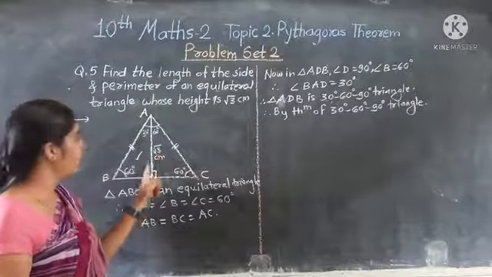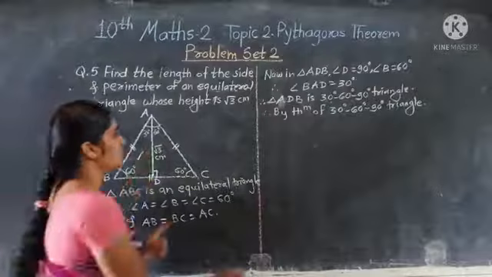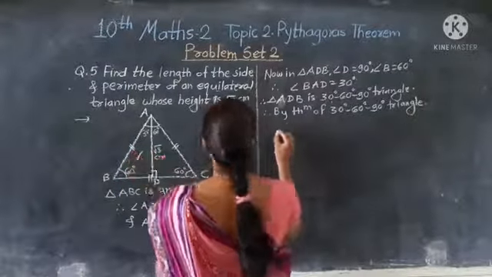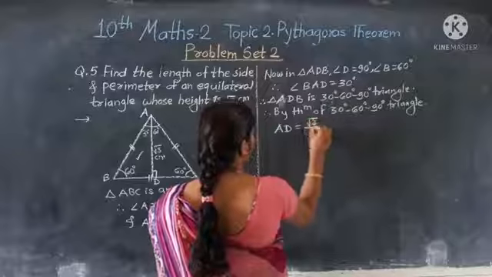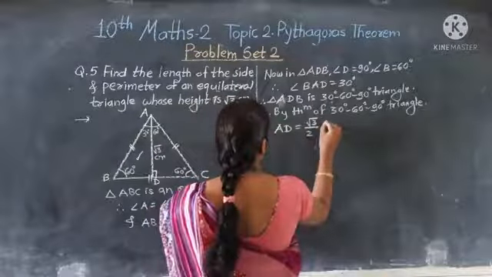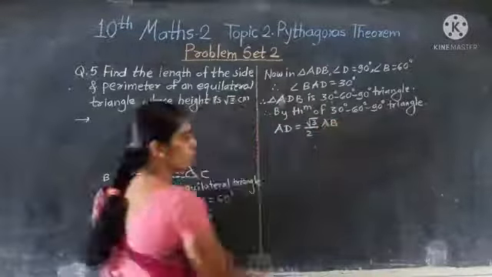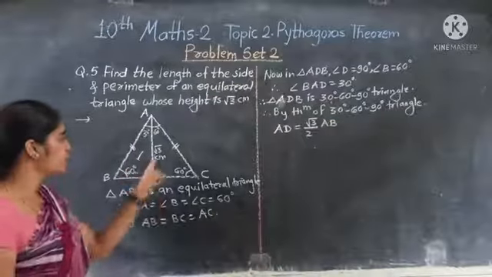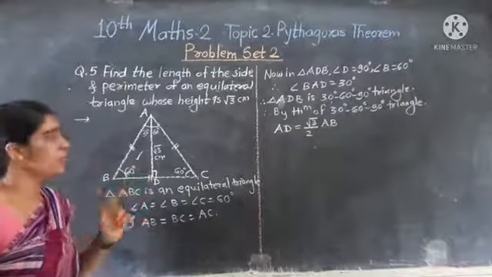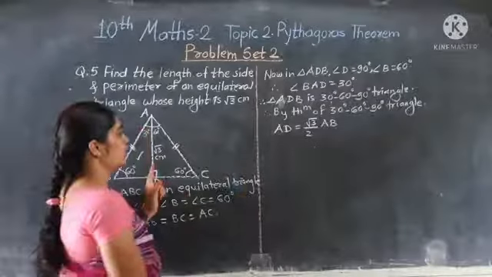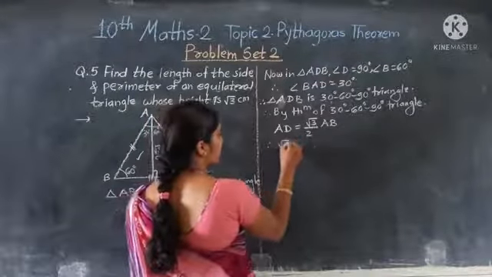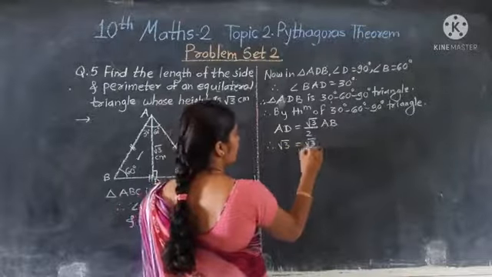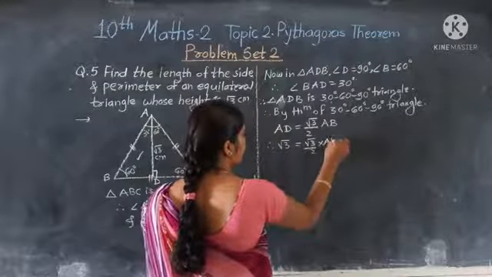Here we take AD. The side opposite to 60 degrees is AD. AD is equal to root 3 upon 2 into the hypotenuse, which is here AB. So we have AD given as root 3. Root 3 is equal to root 3 upon 2 into AB.